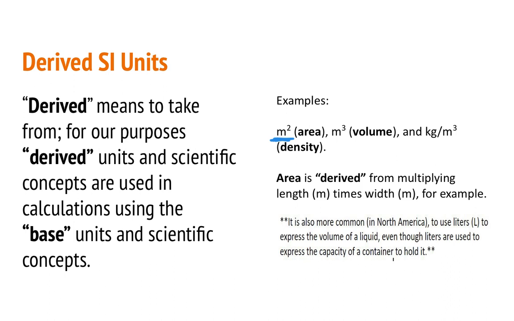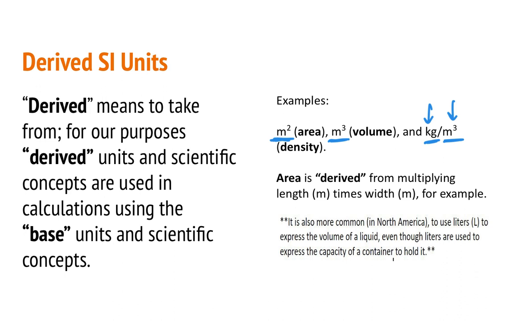For volume, you are taking 3 length measurements and multiplying them by each other, so you have meters cubed. And for density, you have a mass over a volume, and these units can vary based off of whatever the measurements were that were taken. In this case, using the base units of kilogram and length.